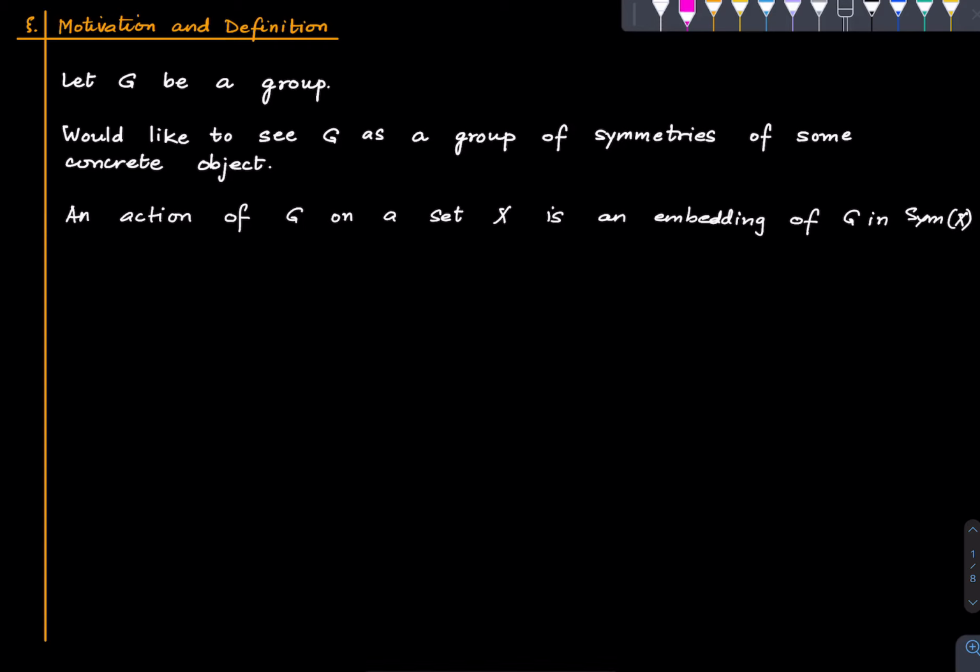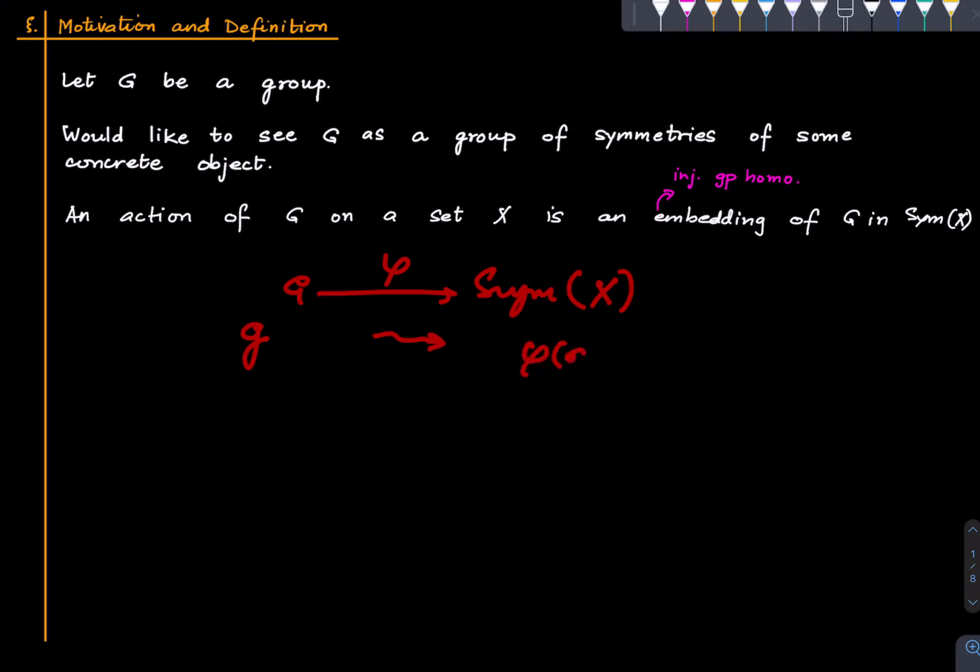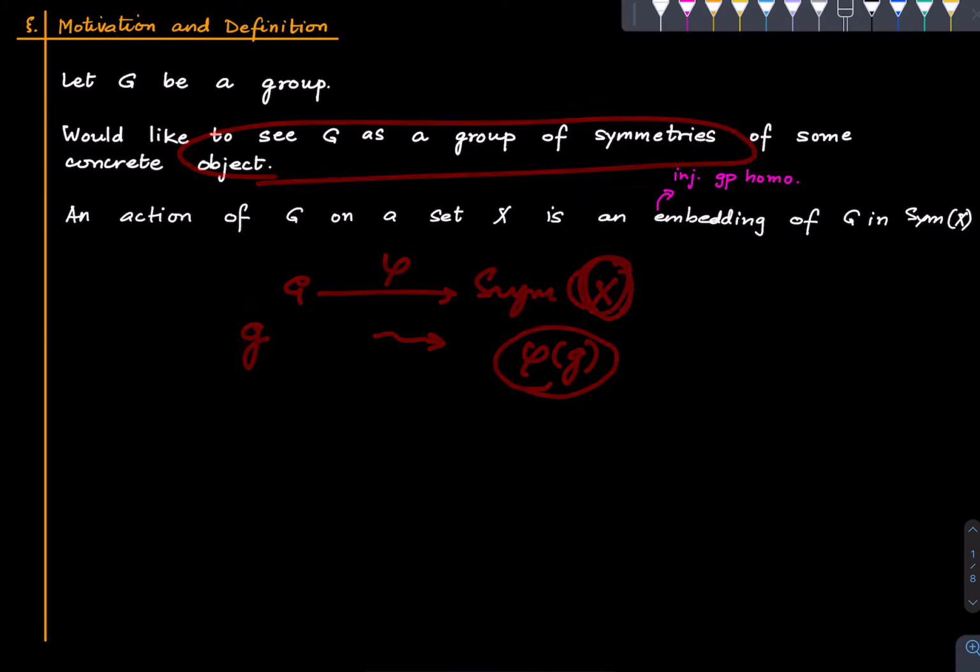And recall, an embedding is an injective group homomorphism. So how does this capture the philosophy? Because if we have an injective homomorphism of G into Sym(X), then every element of the group G can be seen as a permutation of X, so a symmetry of a concrete object. And that's how it is capturing the philosophy here.